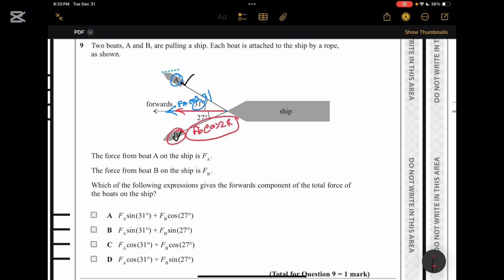So basically these two will be added as they are in the same direction and in the same line, so we can say C is the correct answer.